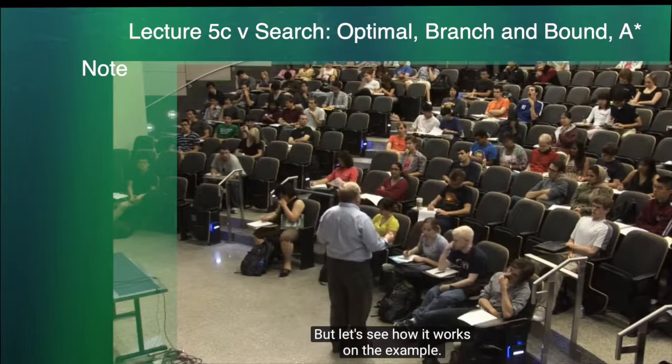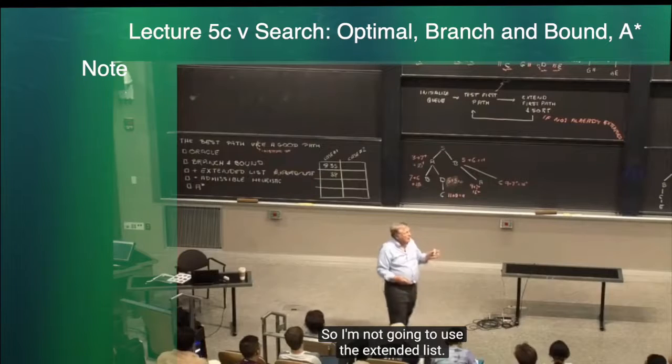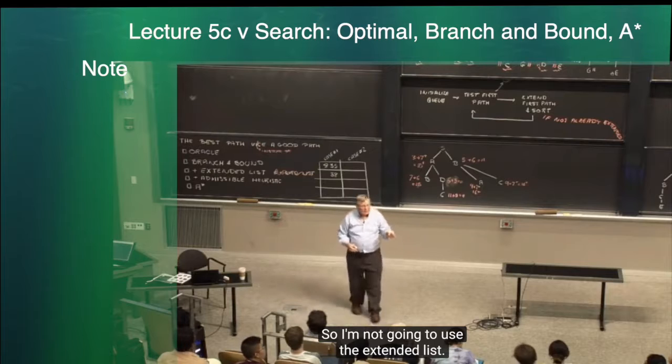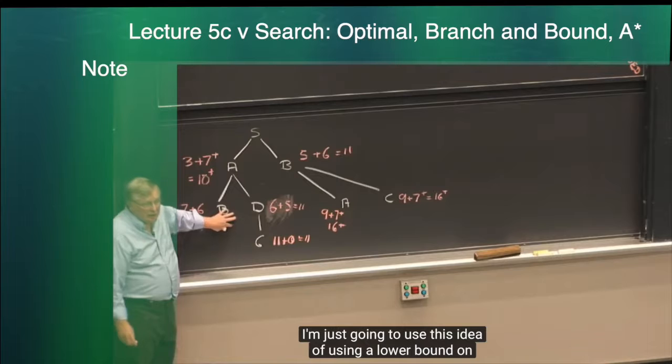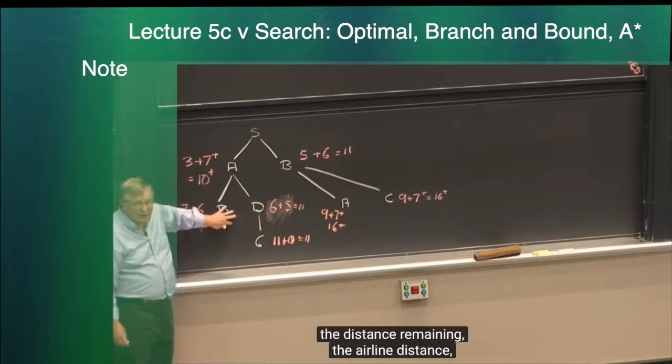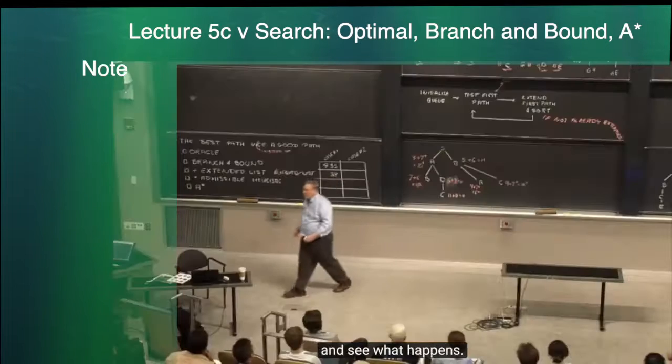But let's see how it works on the example. So I'm not going to use the extended list. I'm just going to use this idea of using a lower bound on the distance remaining, the airline distance, and see what happens.